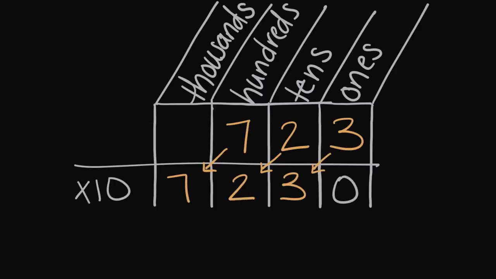And then again, we simply added a 0 in the empty place value at the end. So multiplying by 10, one way to describe the pattern is that it adds a 0 to the end of a whole number. But another way to describe the pattern is that it moves every place value, every number, one place value to the left.